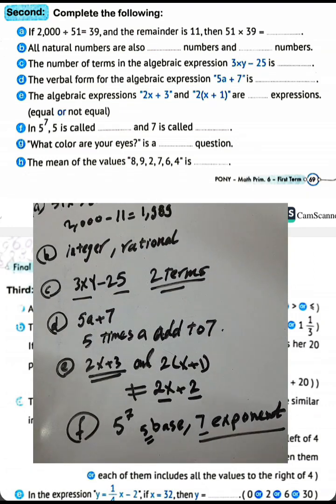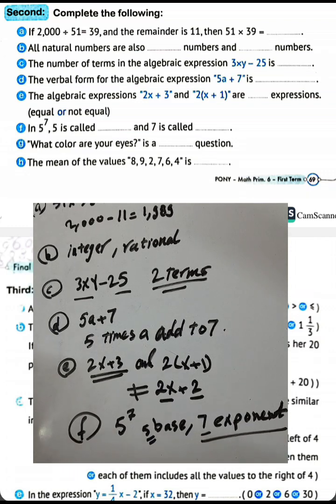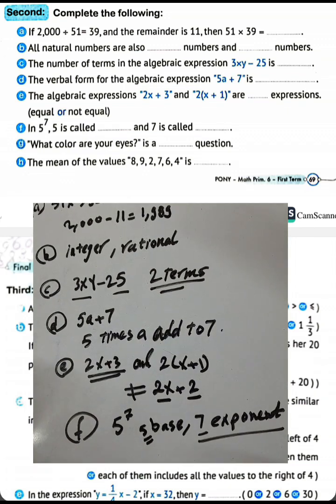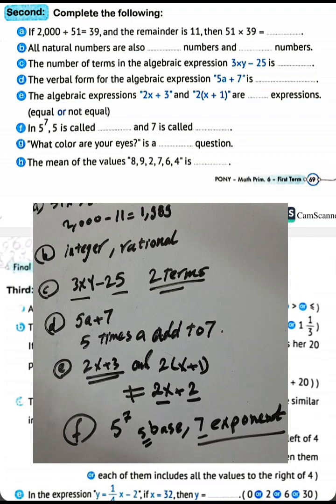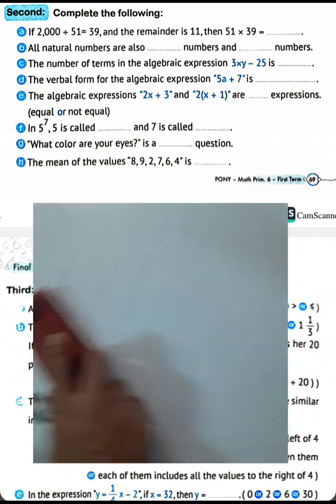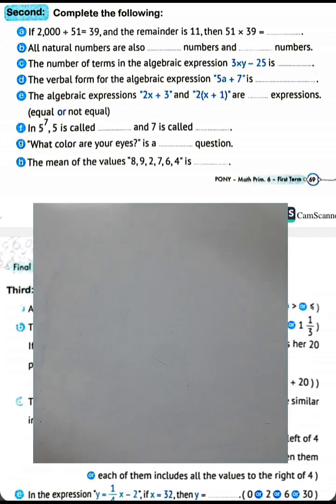Question letter G. What color are your eyes? Is this question statistical? Non-statistical, because we have one answer to this question. A question will be statistical if we have different solutions or different results, such as the age of students in your class or in your school.